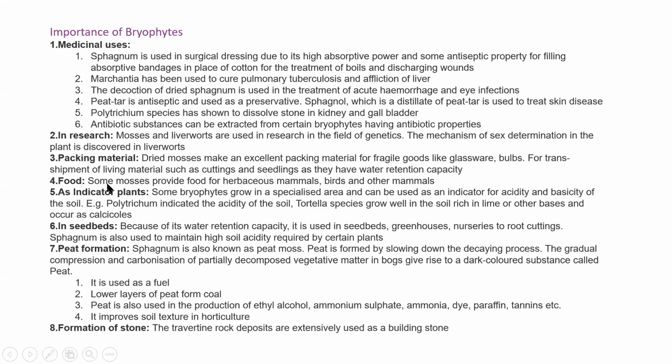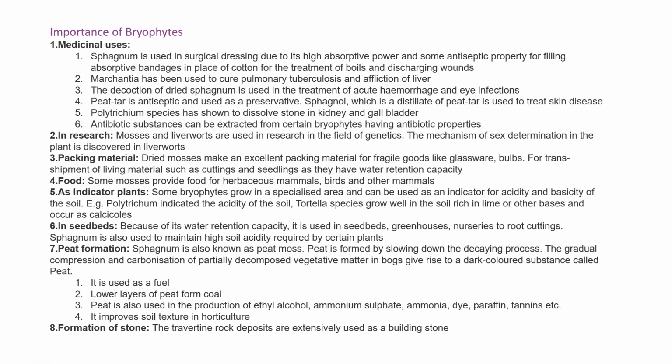Similarly for food, some of them can be used as food for birds and other mammals. As indicator plants, some of the bryophytes, their growth indicates presence of certain elements, or their sudden death indicates that there is some pollution in the environment.